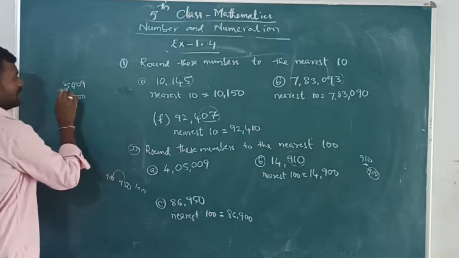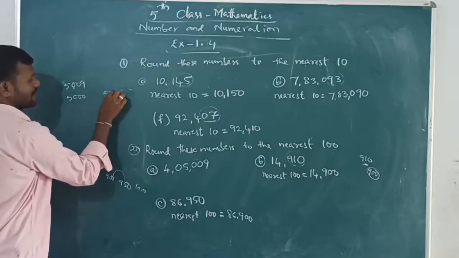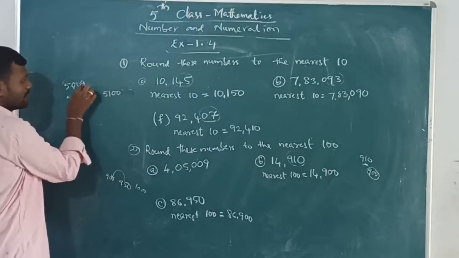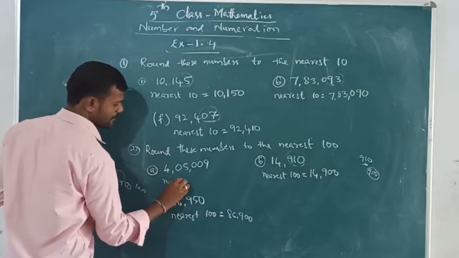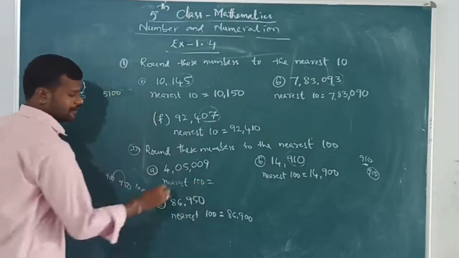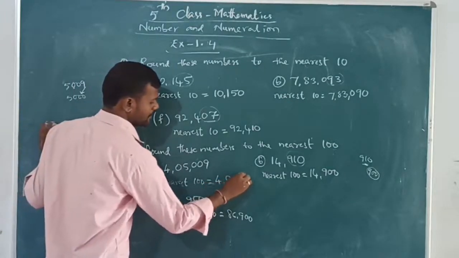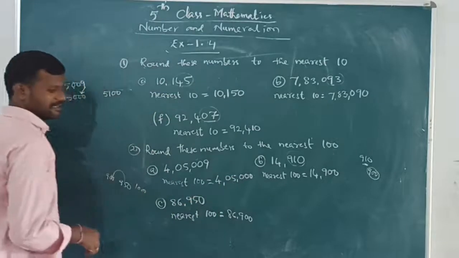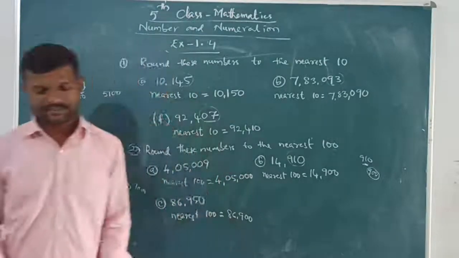Otherwise, 5,009, it is lying between 5,000 and 5,100. So it is closer to which one? 5,000 only. That's why nearest 100. What is nearest 100 here? 4 lakhs 5,000. This is the nearest 100. Okay, like this. Complete first bit, second bit in exercise 1.4.